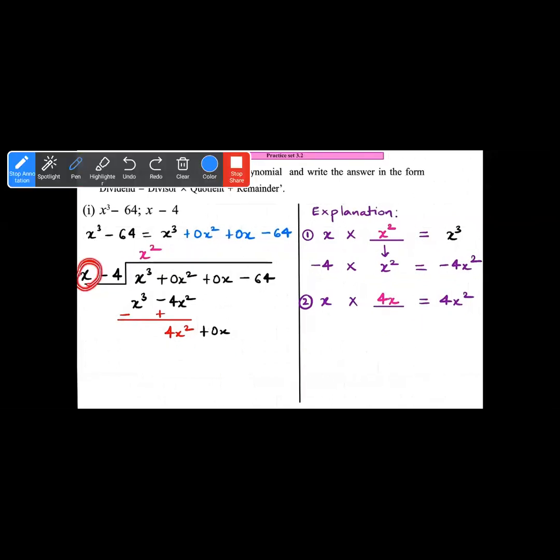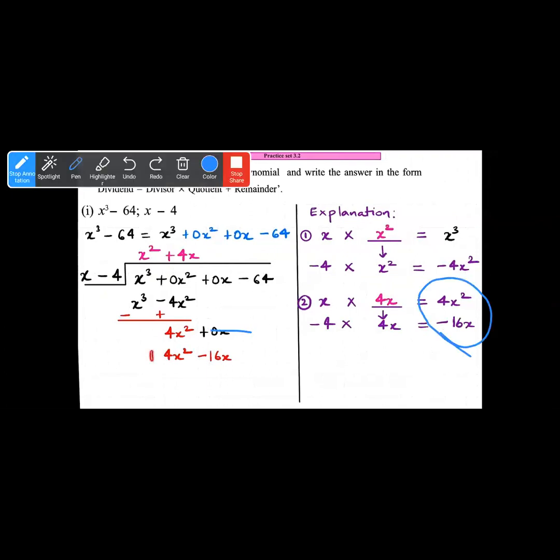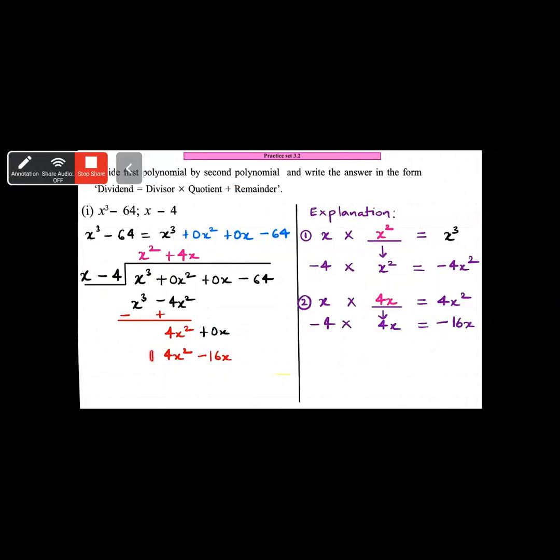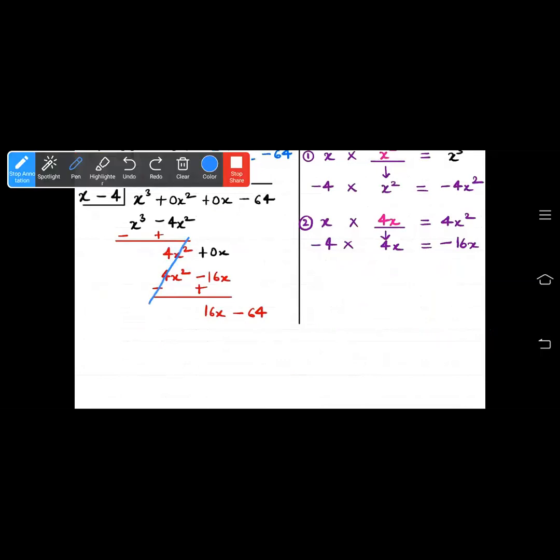This 4x square minus 16x should be written under 4x square plus 0x. After doing subtraction, you will get 4x square minus 4x square cancelled or reduced. 0x plus 16x is equal to 16x, and this minus 64 you have to write over here next to 16x.